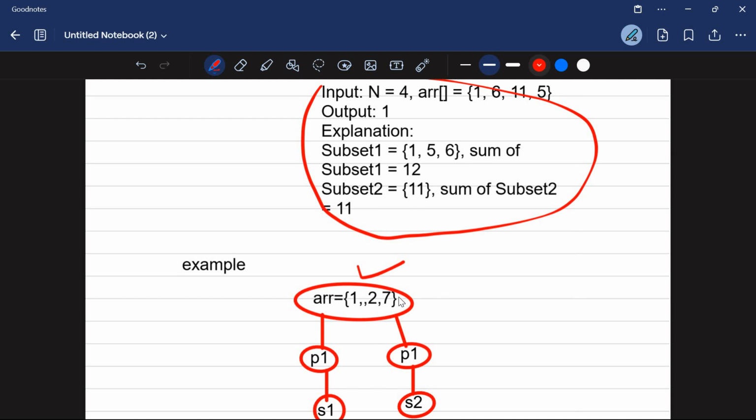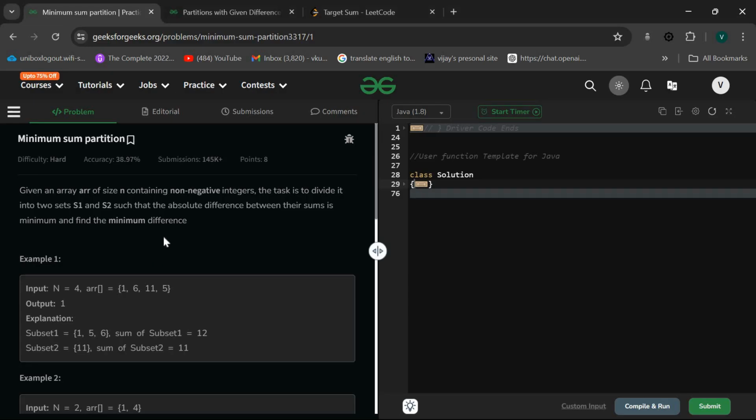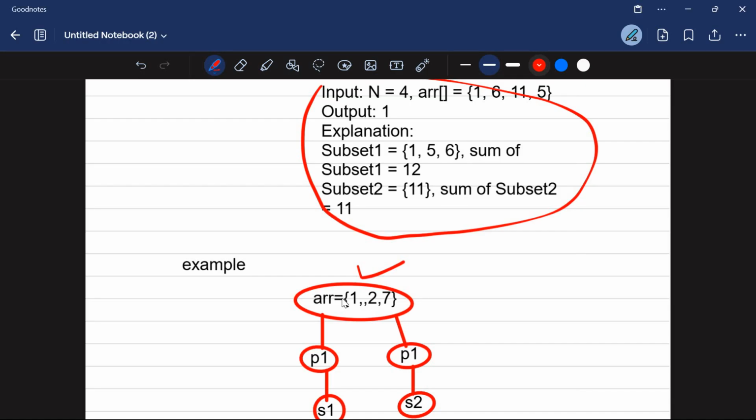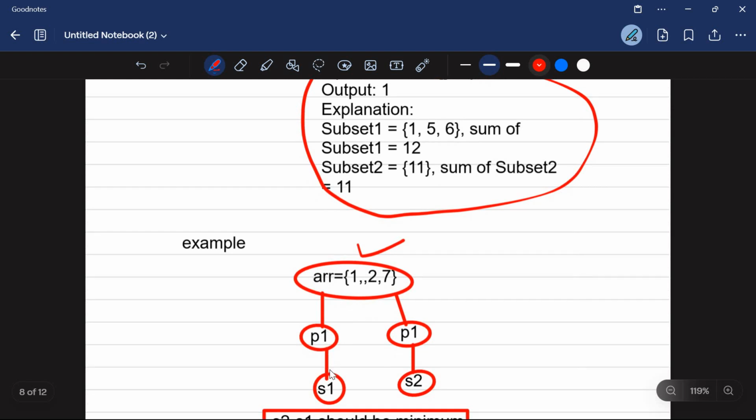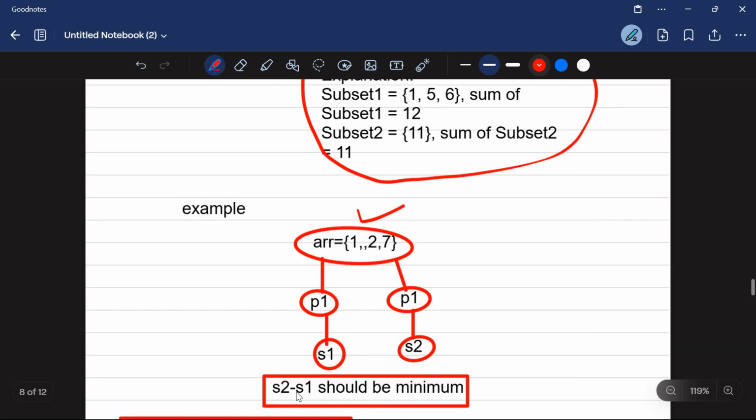So we have an array. What does the question say? The question says divide it into two sets, S1 and S2. S2 minus S1 should be minimum. Our task is that S2 minus S1 should be minimum.